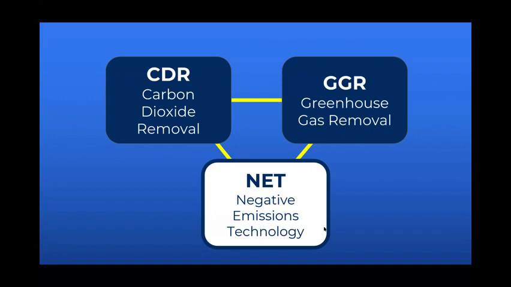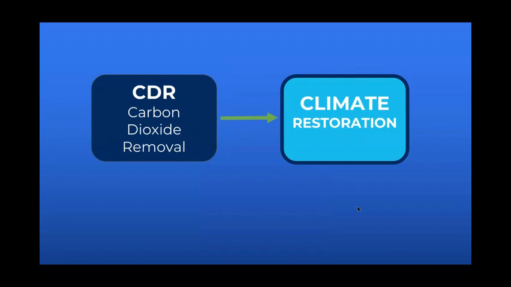Carbon dioxide has a significant impact because there's so much of it, but also because it lasts so long in the atmosphere. So the other term that's used is negative emissions technology, or NET, and that term isn't used as much anymore because not all of the CDR or GGR techniques are technology oriented. Some of them are more nature oriented. So this term is generally not used, but you see it in some of the literature. These are the terms that are being used, and we're going to stick with this one tonight, focus on carbon dioxide. So CDR and GGR are also now getting associated with the words climate restoration.